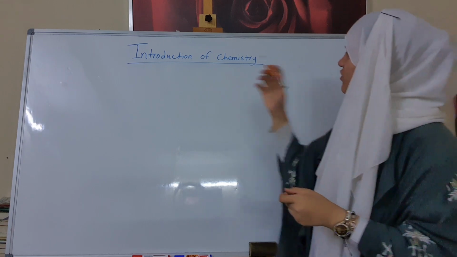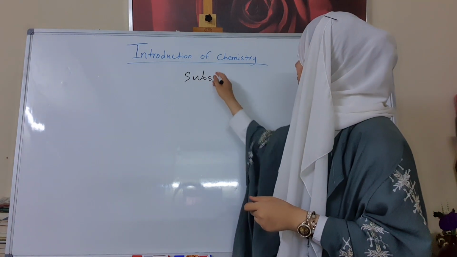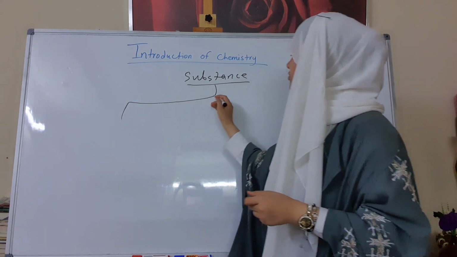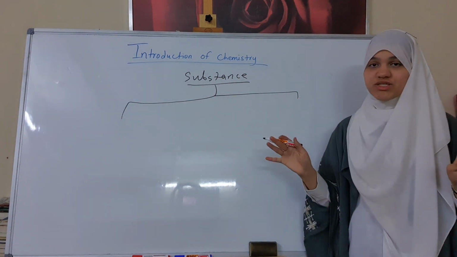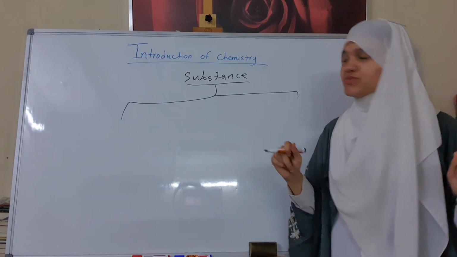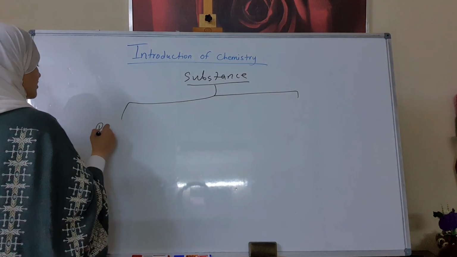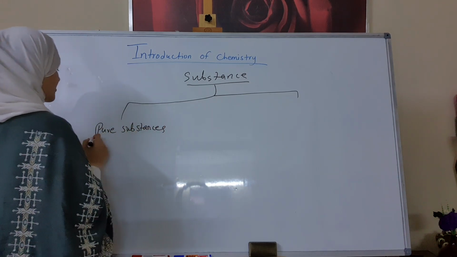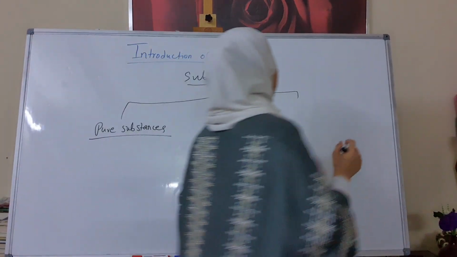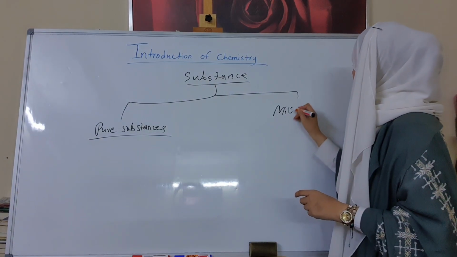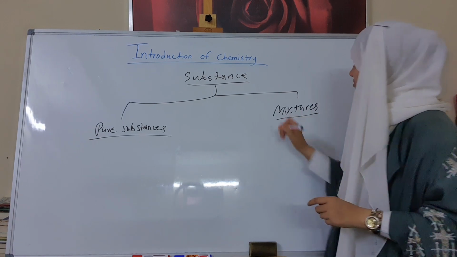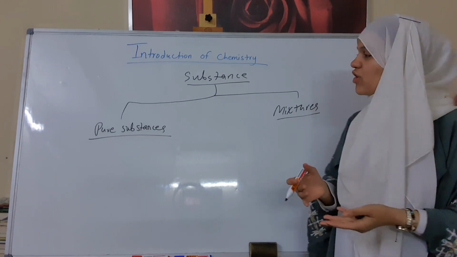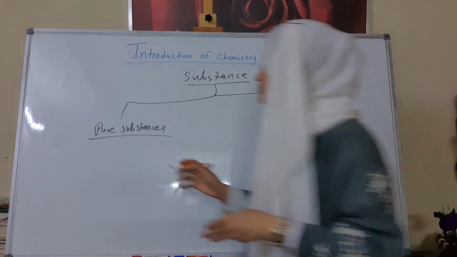Meaning that we have substance here, right? And substance can be classified into two, which is pure substances and mixtures. Here also, pure substance can be classified into two, which is elements and compounds.